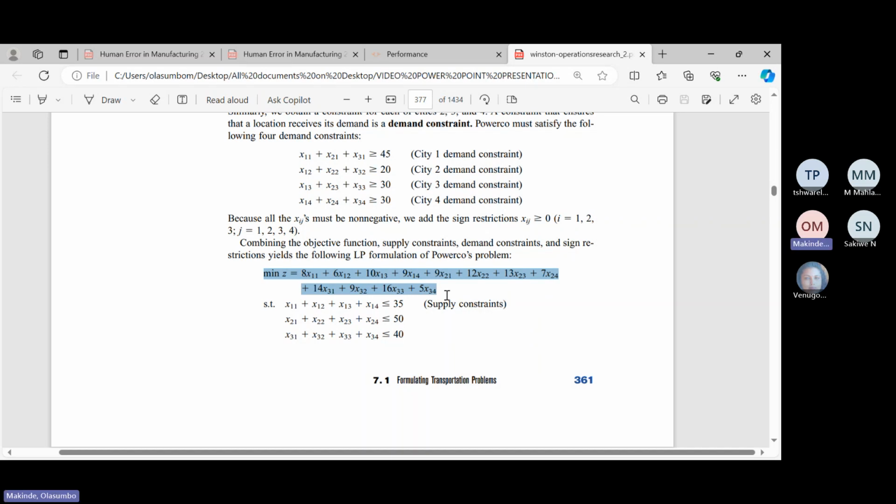The way we have analyzed it on the network. So just make sure all the parameters on the networks are correct. Then if you do that correctly, you have that. And on the left-hand side, we want to minimize the cost. So that cost, we are representing it as capital Z. That's why you see them writing minimize Z, which is the cost, to be that expression based on what you have seen in the network.